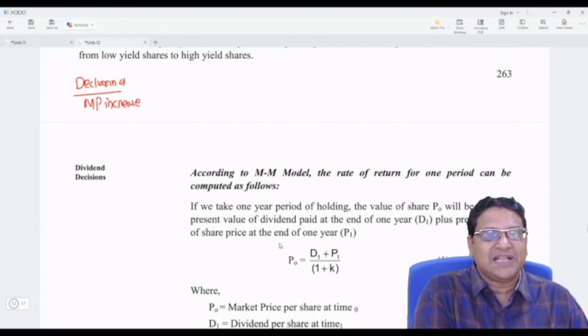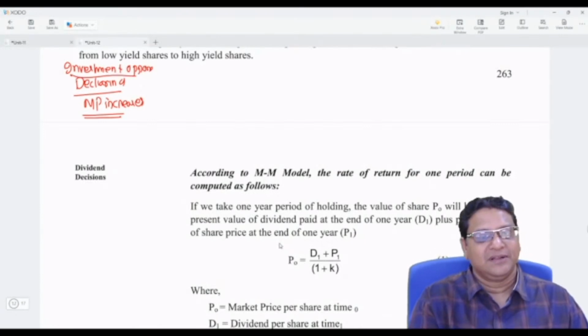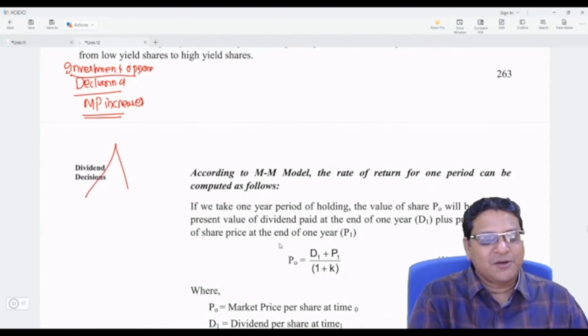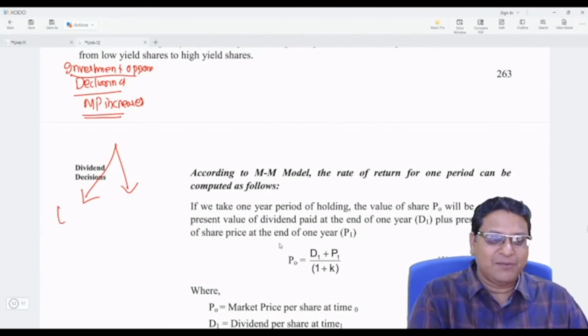Then MM tells that if a firm has investment opportunities and it declares dividend, then two things can happen. In future, when fund requirement is there, the firm will go for loan or the firm will issue new shares. If the firm goes for loan or debt, it has to pay interest.